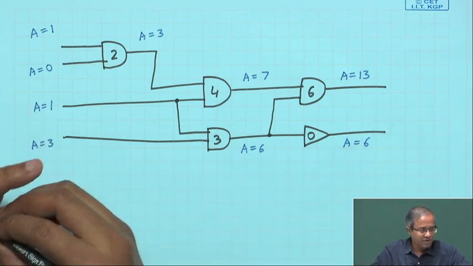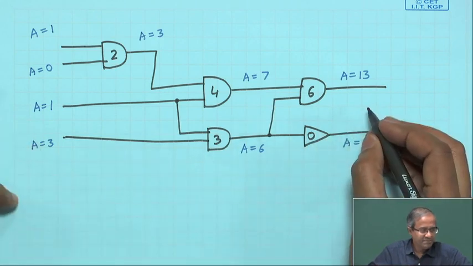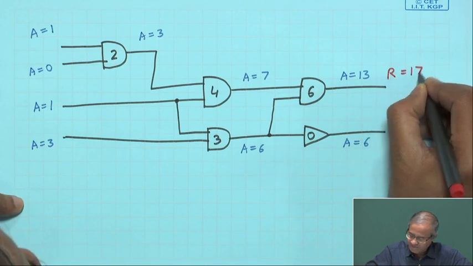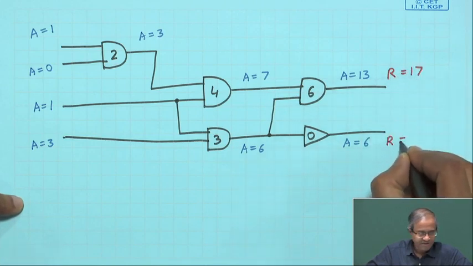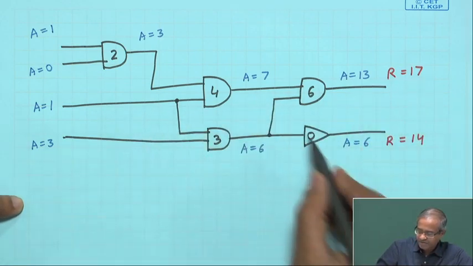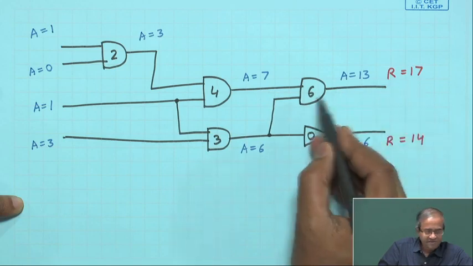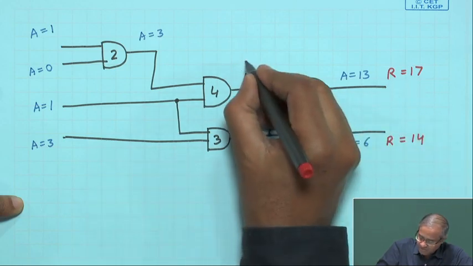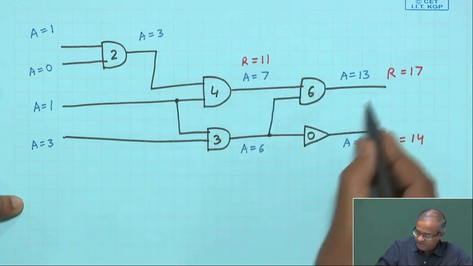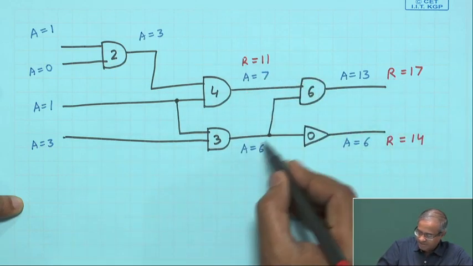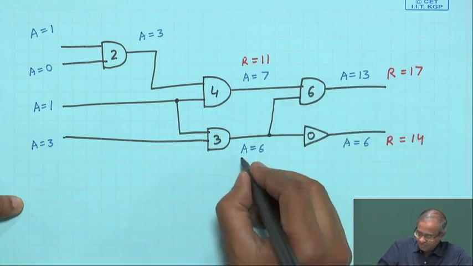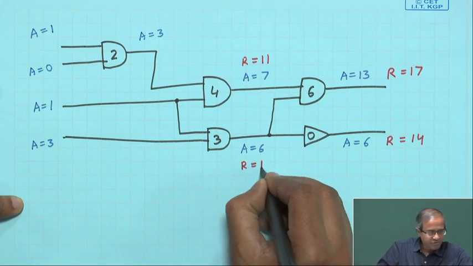Similarly, if you calculate the required arrival time, suppose the required arrival time for this node was specified as 17, for this node it was specified as 14, let us say. So again you do a back trace. If you go back here, it will be 17 minus 6, it will be 11. If you come here, there are two paths, 17 minus 6 and 14 minus 0. So it will be 11, that will be shorter, minimum R equal to 11.